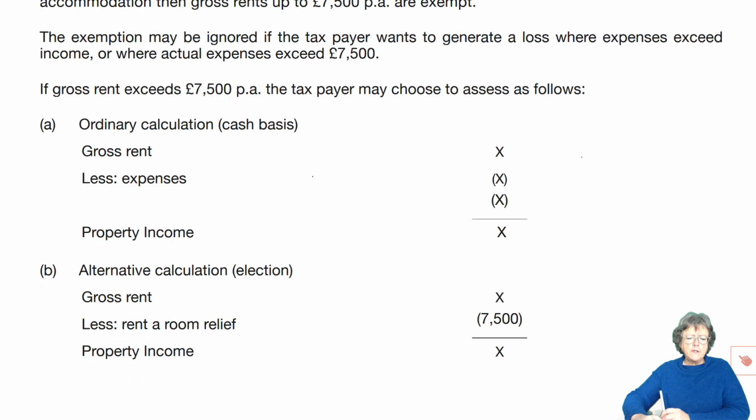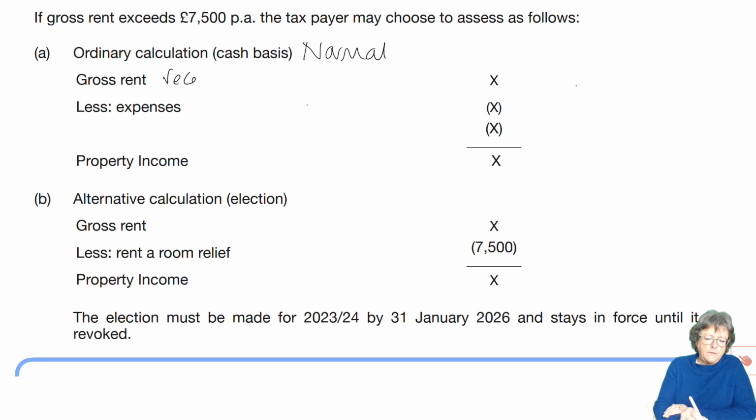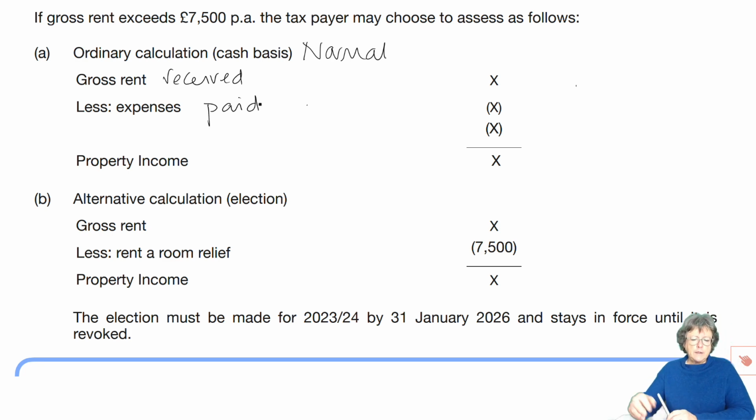There's what's known as the normal method. So this is the normal method, which is the cash basis, which we've seen. The rent you received, the expenses you paid. Exactly the same as previously.